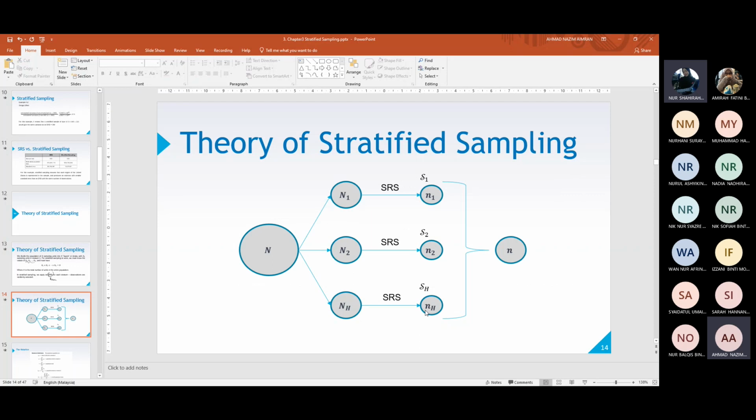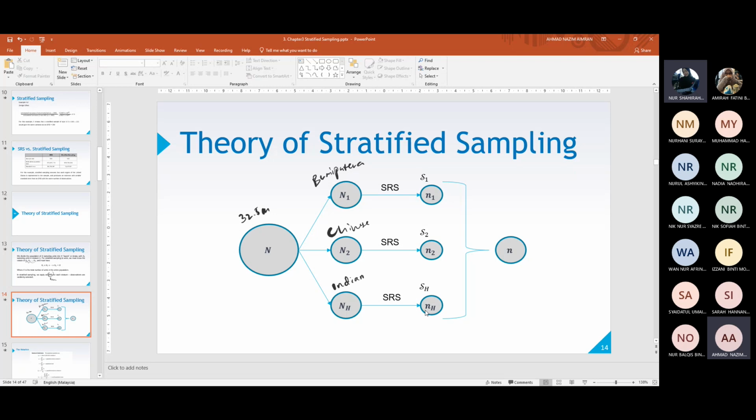Let's say we have a total population size of, for example in Malaysia, 32.5 million people. Then we can divide the population into three groups. For example, we have Bumiputra, this is just an example, and Chinese and Indian.